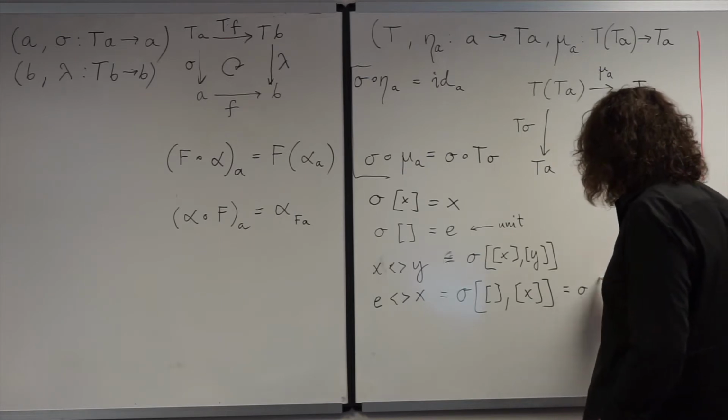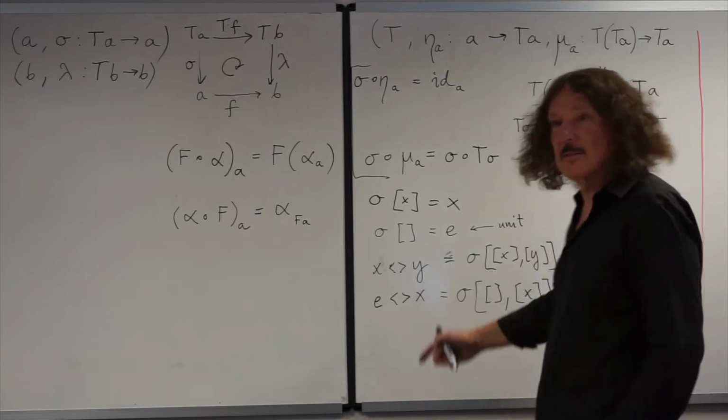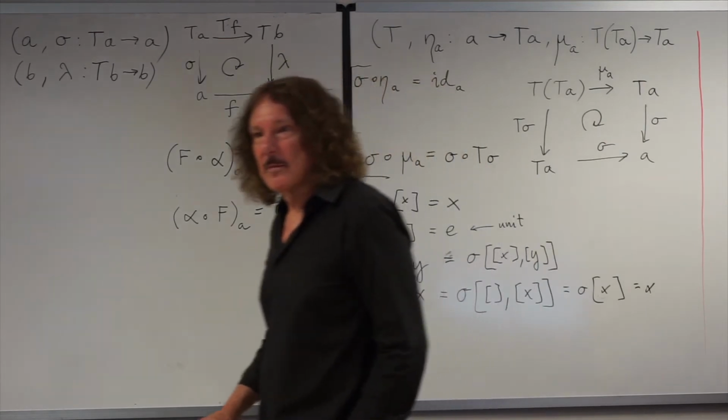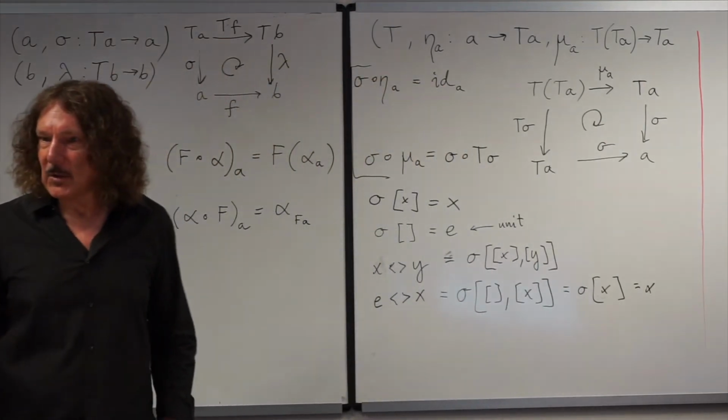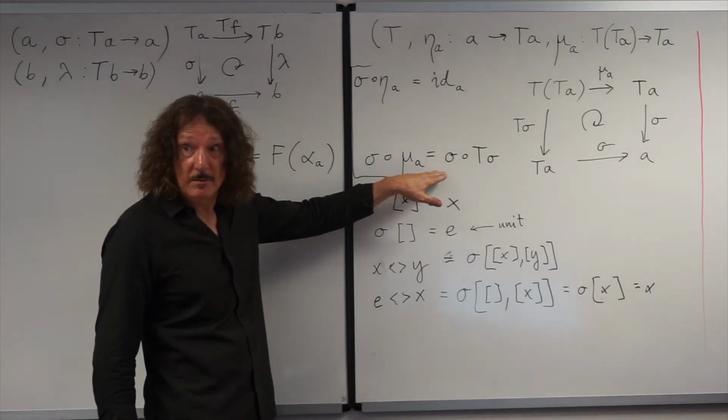So it will give me sigma of x, which is my x, right? So I get the left unit law from the coherence condition.